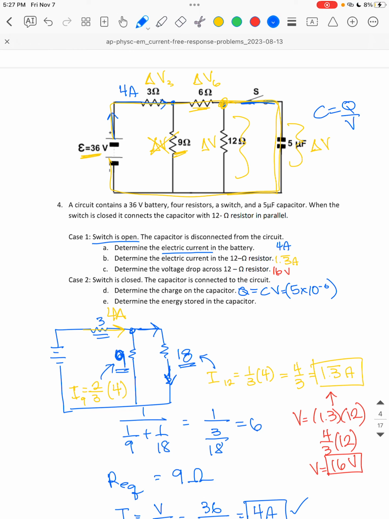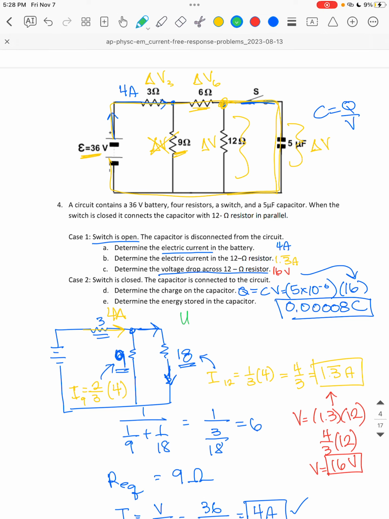We solved for it. The voltage drop across the 12 ohm resistor is 16, and so I can just plug that in here because I know that they are the same. And when I plug that into the calculator, I get 0.00008 coulombs.